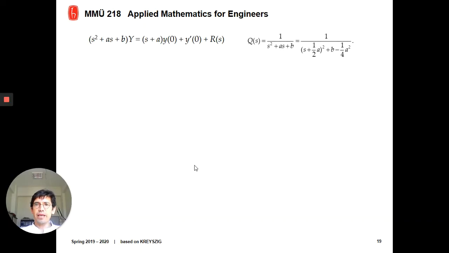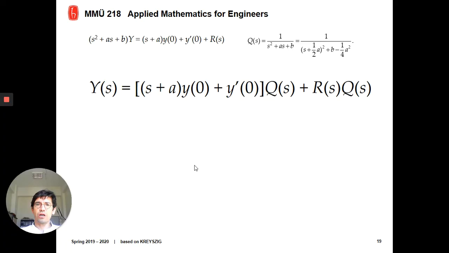If you write them again on top, what you are left with is Laplace of y in terms of s is going to be something multiplied with the transfer function. That something is including the initial values, and transfer function times the input function. Let's say you have, for simplicity, initial values equated to 0 in a specific problem.